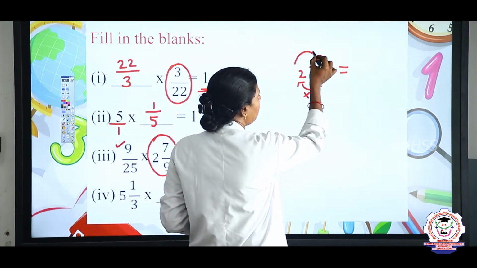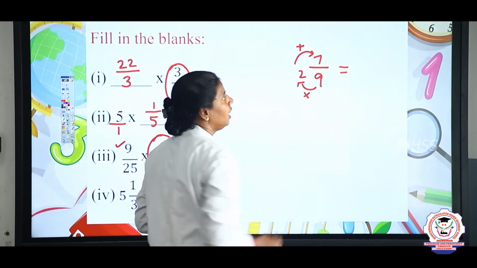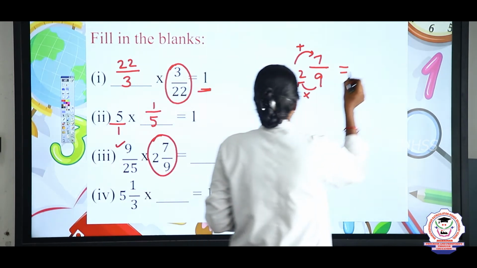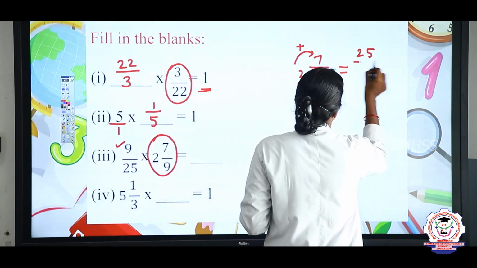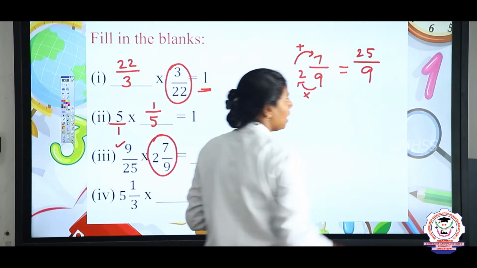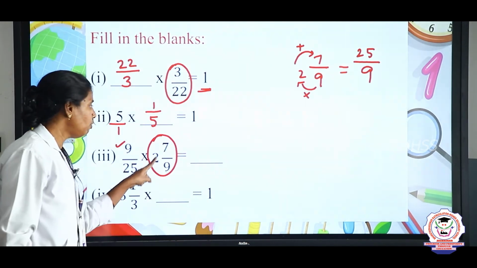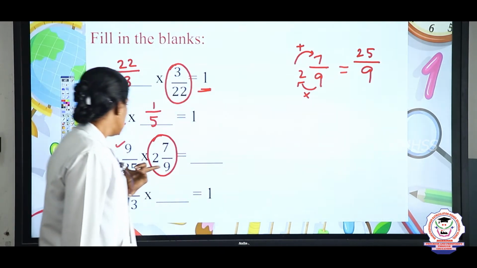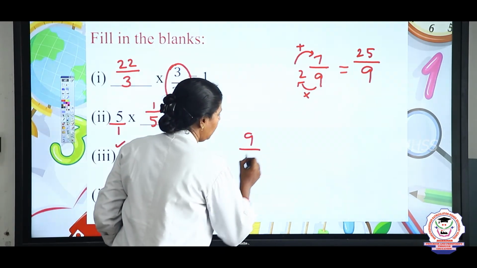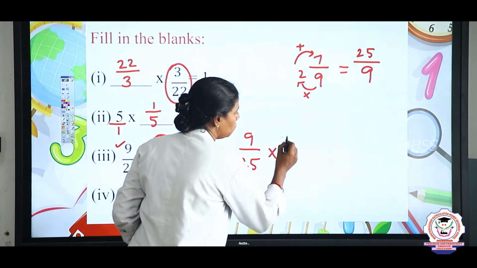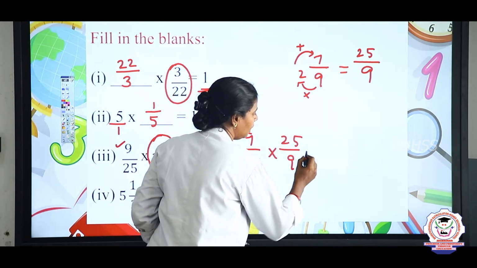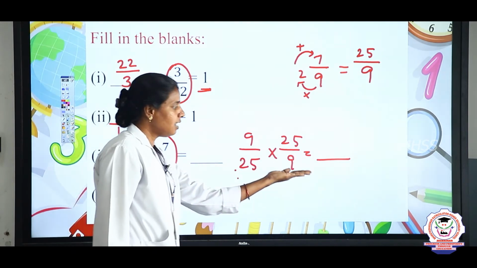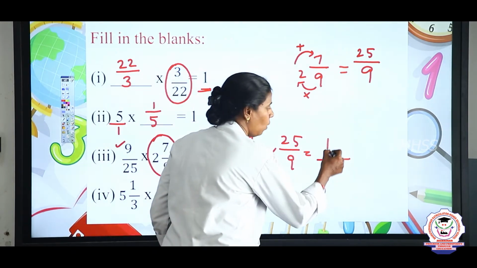So 18 plus the numerator 7. 18 plus 7 is what? 25. 25 by the denominator will be the same, 9. So the value of this 2 7 by 9 is what? 25 by 9. So for this question, 9 by 25 into 25 by 9 equal to what then? The product of a fraction and its multiplicative inverse is 1.